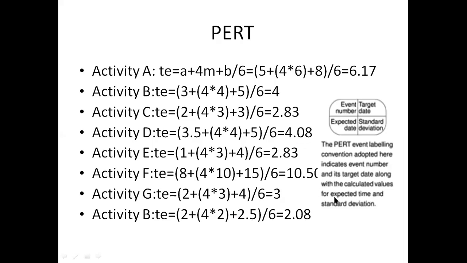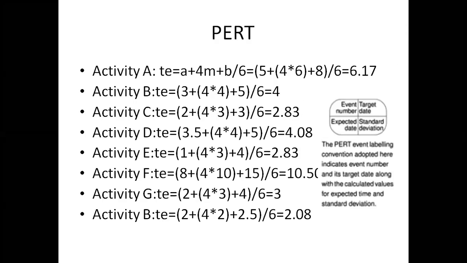So PERT generally consists of four values: event number, target date, expected date, and standard deviation. We have to calculate all these values today.